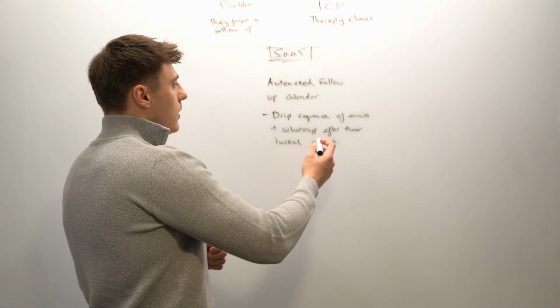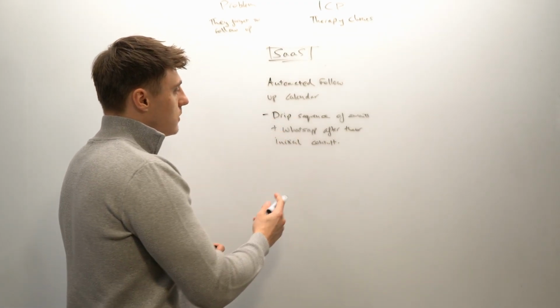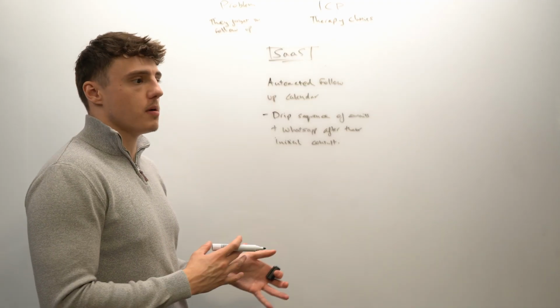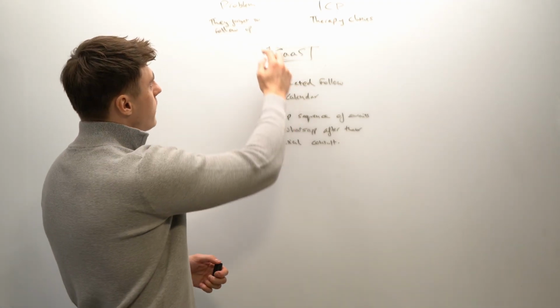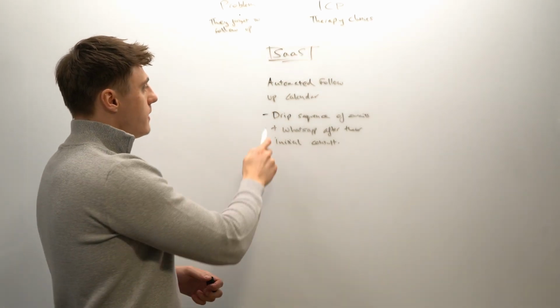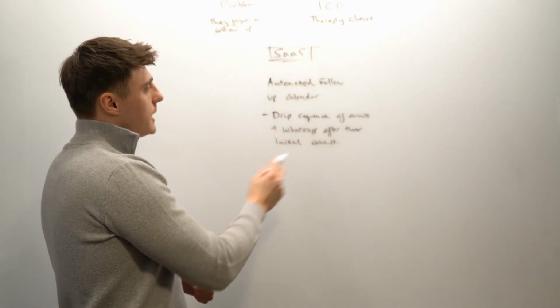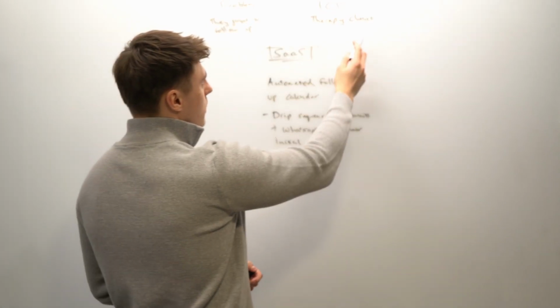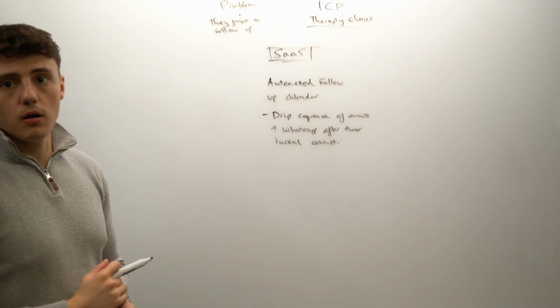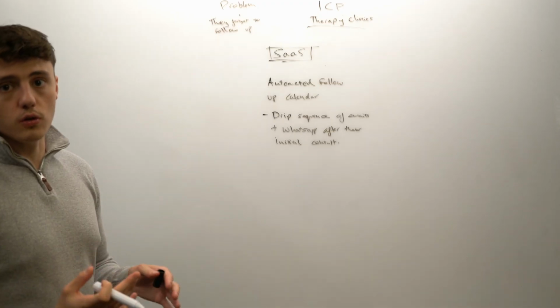So instead of building a whole calendar suite and trying to figure out what audience to sell it to and how do we market it, we've already started by saying this is the problem, this is the customer type, and then this is our feature. So really, we can just reach out to therapy clinics and say, hey, do you always forget to follow up with your leads after that initial consultation?